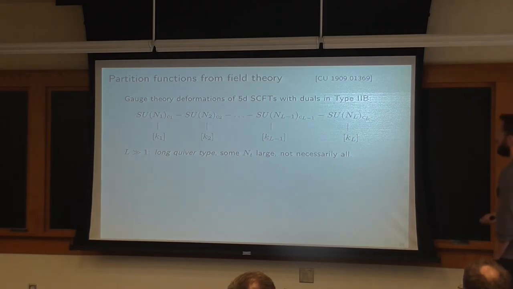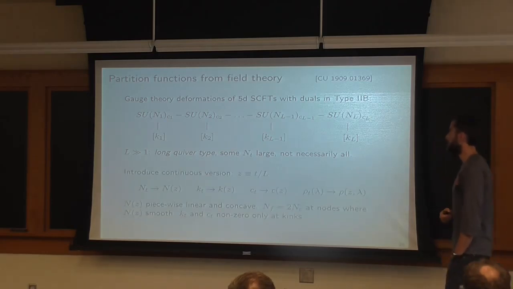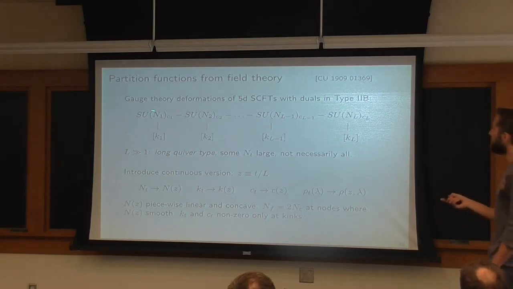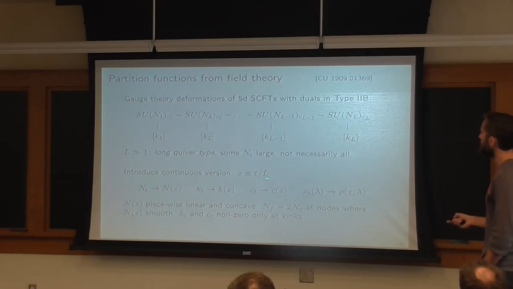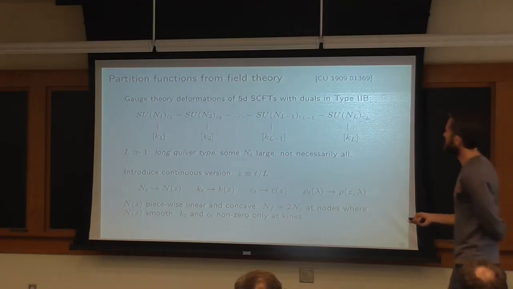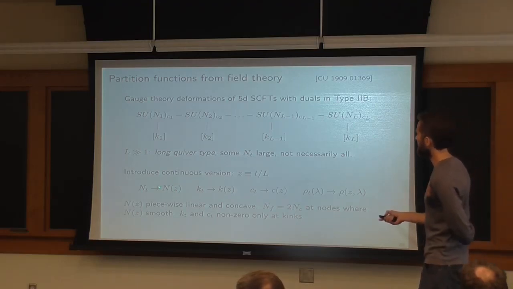And the way to do this is to switch from this kind of discrete set of data to something which is more adapted to the problem. So instead of having a parameter labeling the quiver node, which is discrete, I want to introduce a continuous parameter. So say t labels the nodes 1, 2, 3, 4, 5 up to L. I want to pass to a parameter z, which is t divided by L, and that is effectively continuous at large L. So the data characterizing the quiver gets replaced.